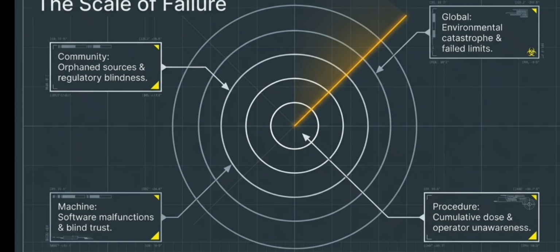Improper handling of technology triggers dangerous consequences at the cellular level, such as DNA double strand breaks and genomic instability. This manifests as either deterministic effects, which are immediate, severity-based injuries like tissue necrosis, or stochastic effects, which are long-term probability-based risks like cancer.